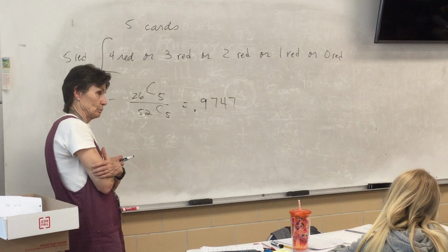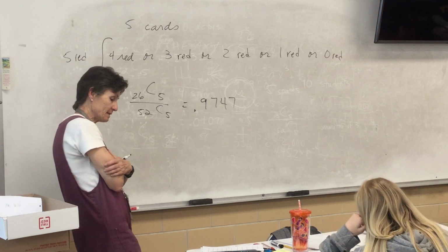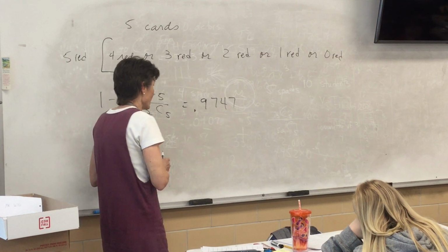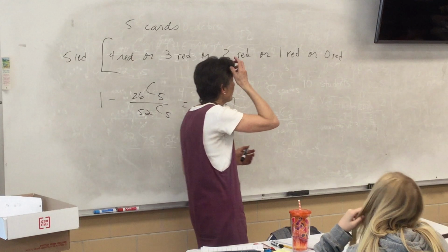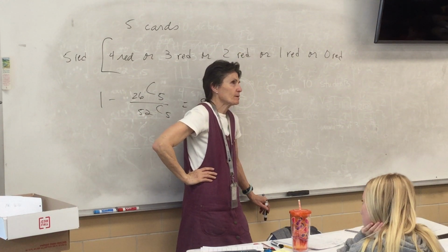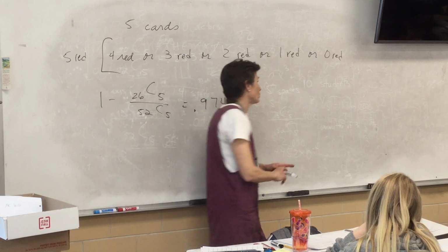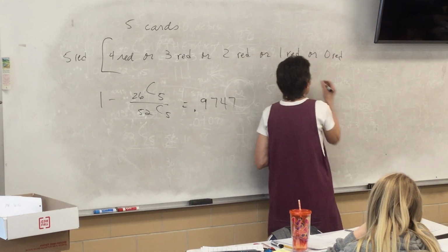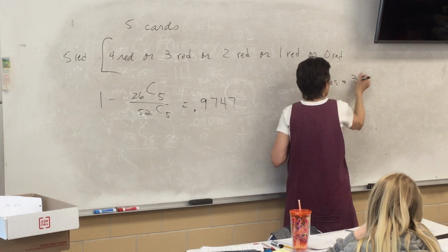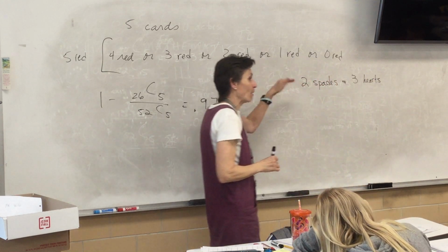Now, we have the doozy problem. What is the probability of being dealt 2 of one suit and 3 of another? 2 of one suit and 3 of another. So give me an example, what does that mean? 2 spades and 3 hearts. It could be 2 spades and 3 hearts. All right, so let's find that one.